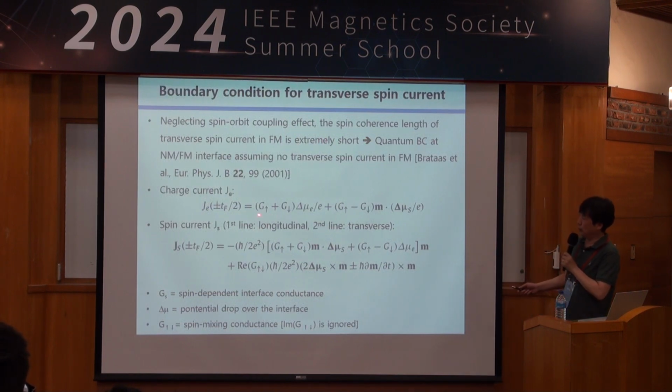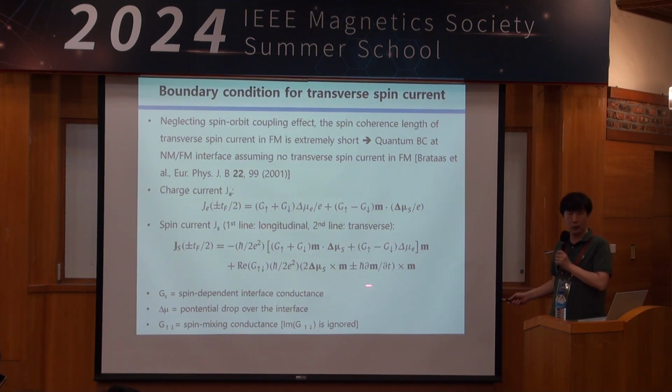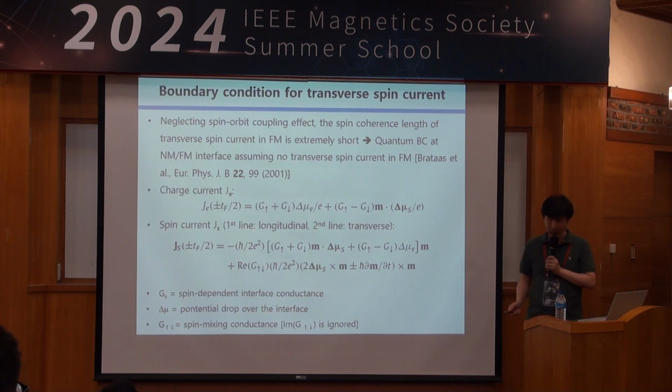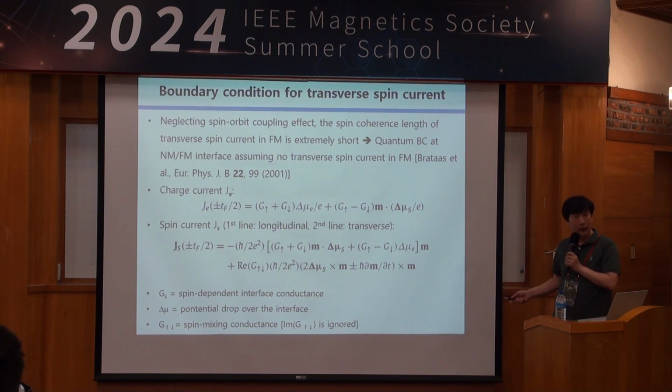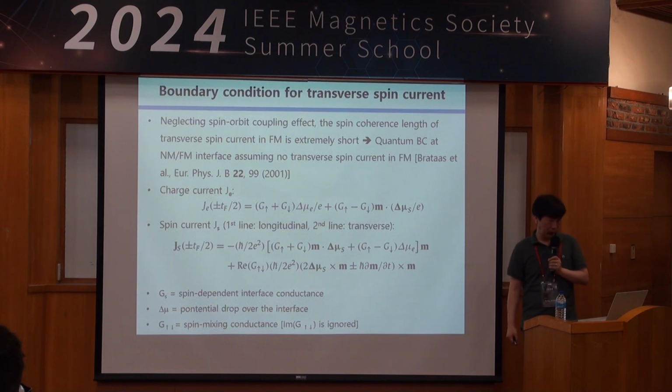Then you can obtain this famous boundary condition for the spin current, which includes the spin mixing conductance G up down, real part, and here I ignore the imaginary part. And this term appears in both spin transfer torque and spin pumping, and they are related through the Onsager relation.